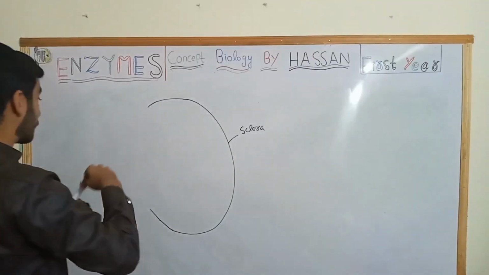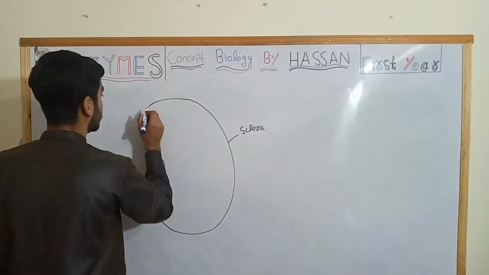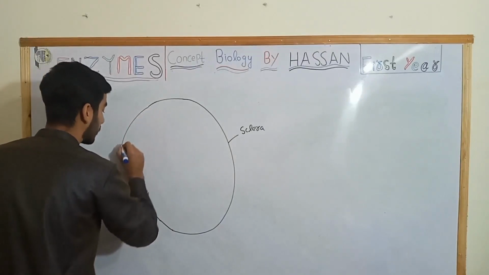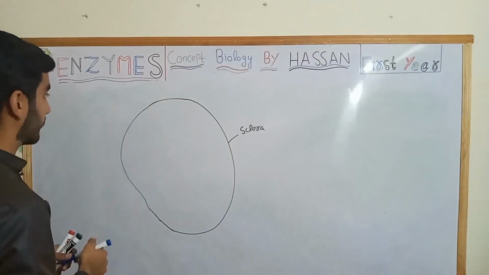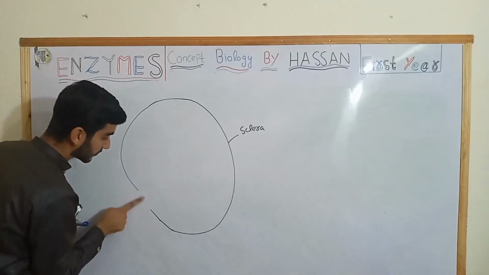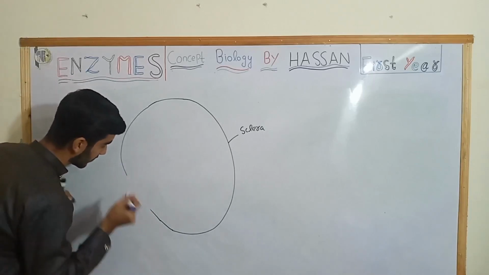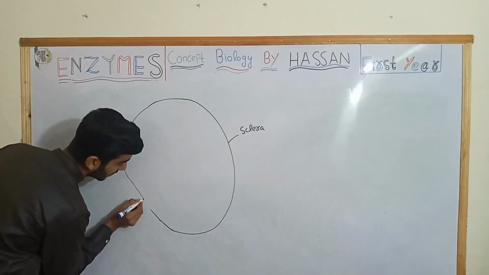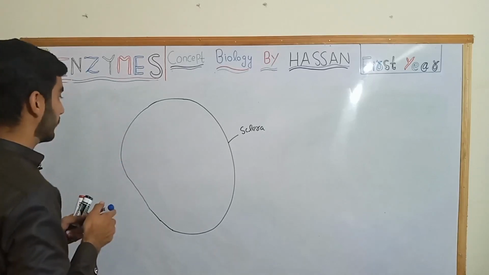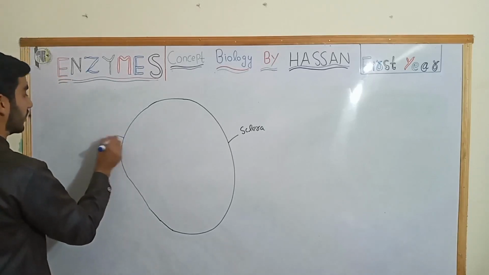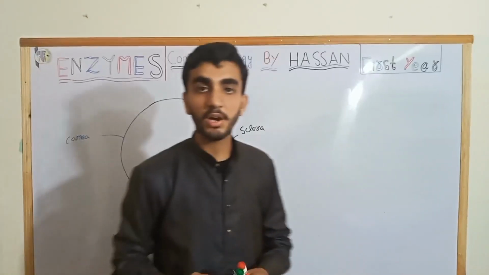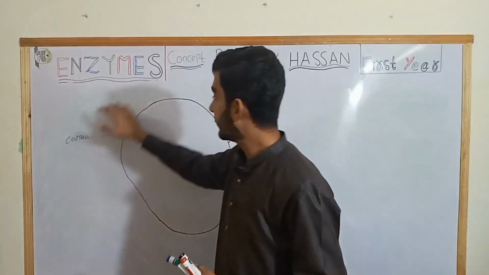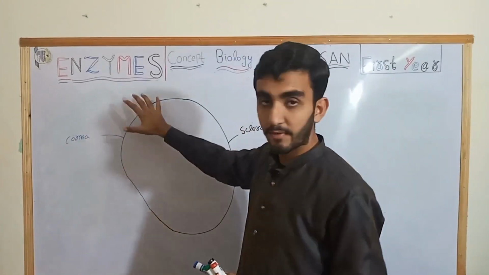Then the next part of our human eye is the cornea. The main function of cornea is it protects the front part of our human eye.